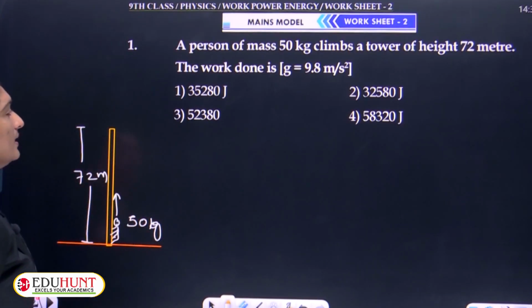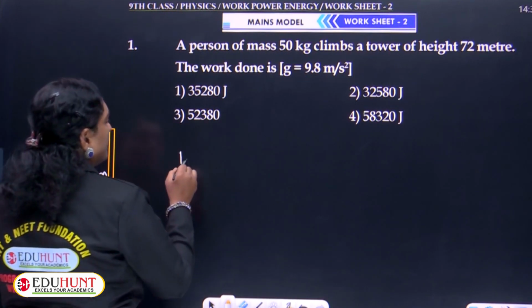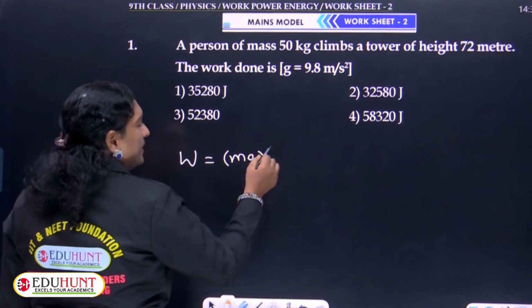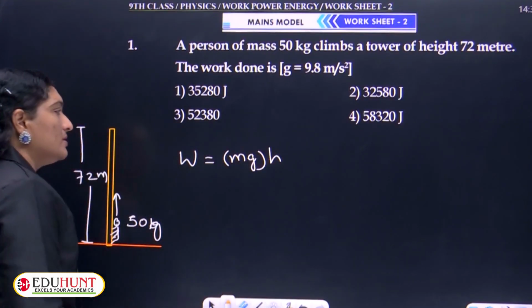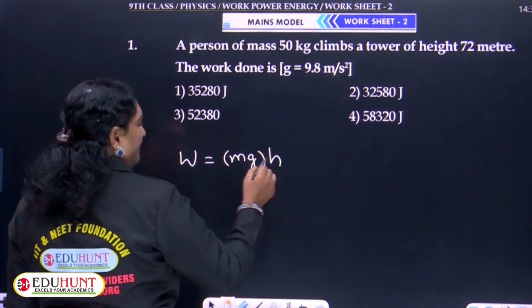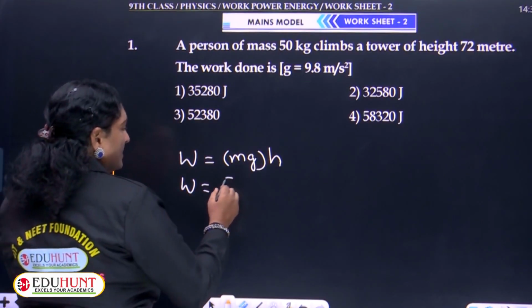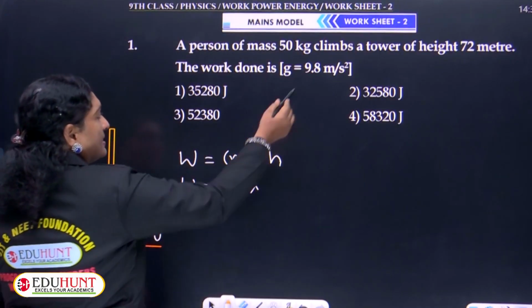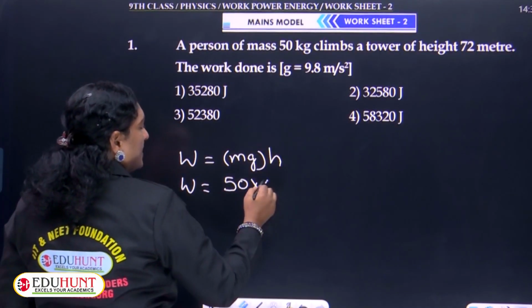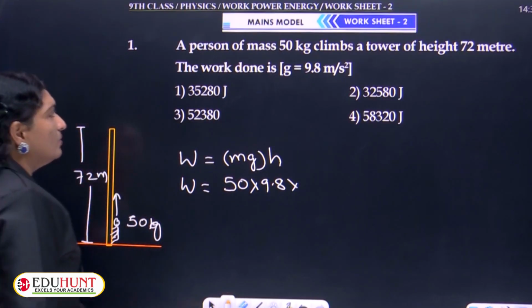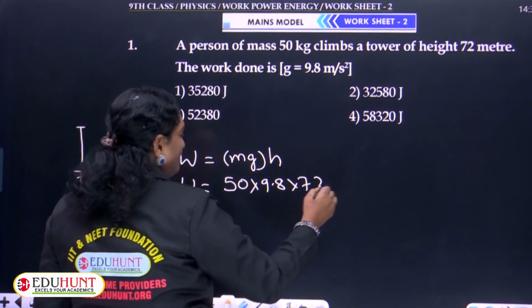The work done is, what is the formula for work done, children? Work done is equal to the weight of the body into the height through which the body is moved. So W is equal to the weight of the body, where mass here is 50, acceleration due to gravity g is taken as 9.8, and the height the body moves is taken as 72 meters.